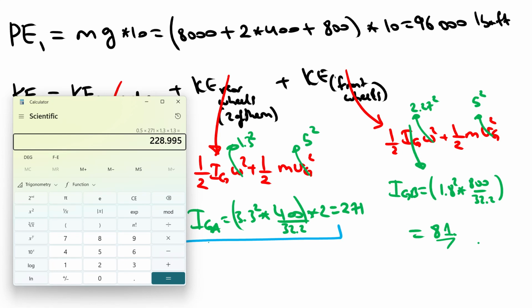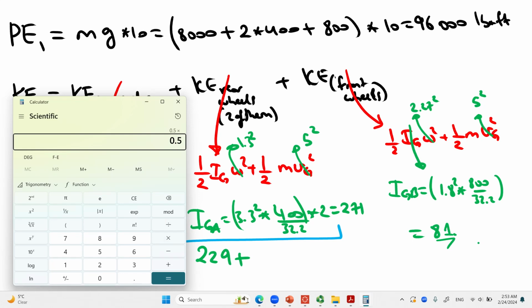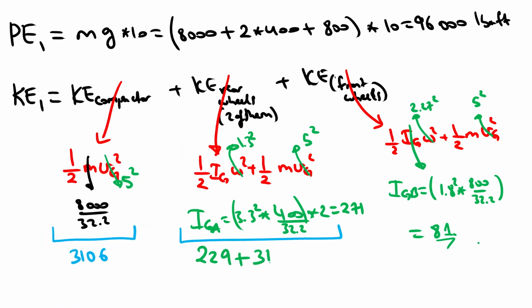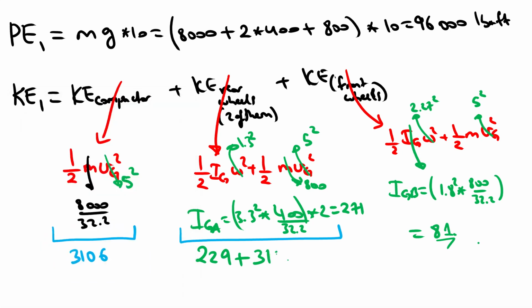That makes 229, plus the second term, which is 0.5 times the total mass, which is 800, times 25, divided by 32.2. So 311.